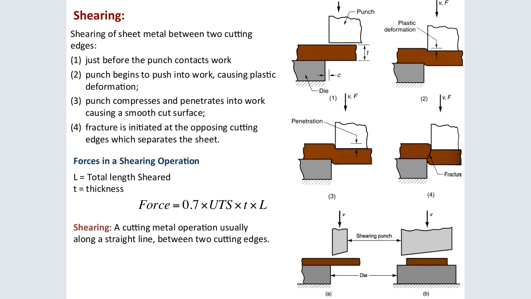So you can now see the calculation of the force used in the shearing process. L is the total length to be sheared, and T is the thickness.